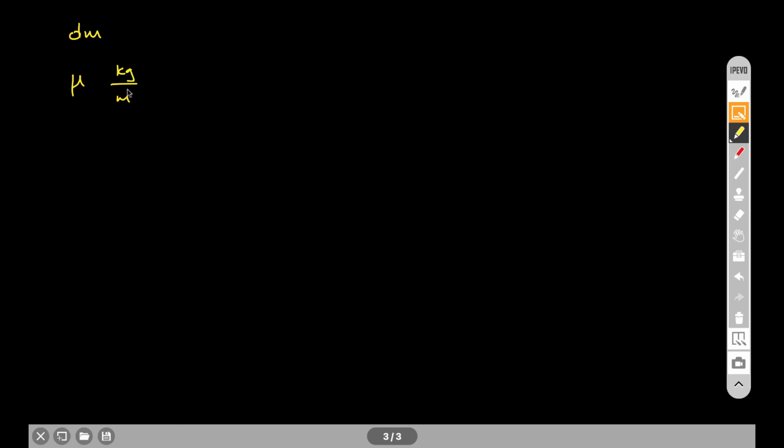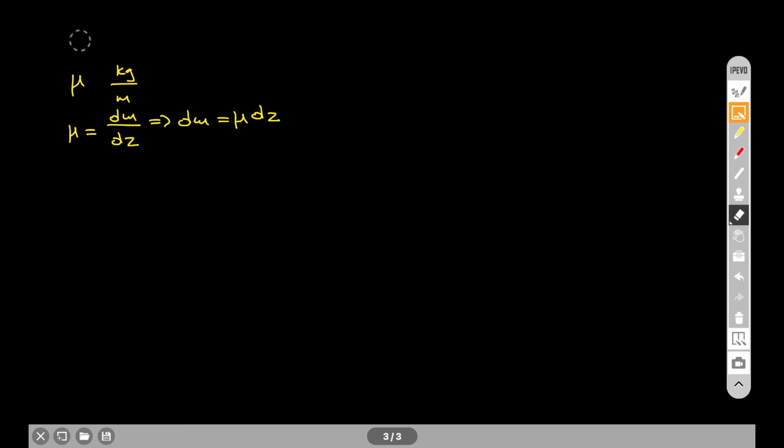Since in the numerator I have kilograms and here I have meters, I can say that this linear mass density for an infinitely small piece will simply be dm over dz. It is an infinitely small piece, and I have a mass of dm, and the length of it is dz, since the rod lies on the z-axis, and dm over dz will give me the linear mass density. Now, what I have in the integral is dm, so to solve for dm, I have mu, the mass density, times dz.